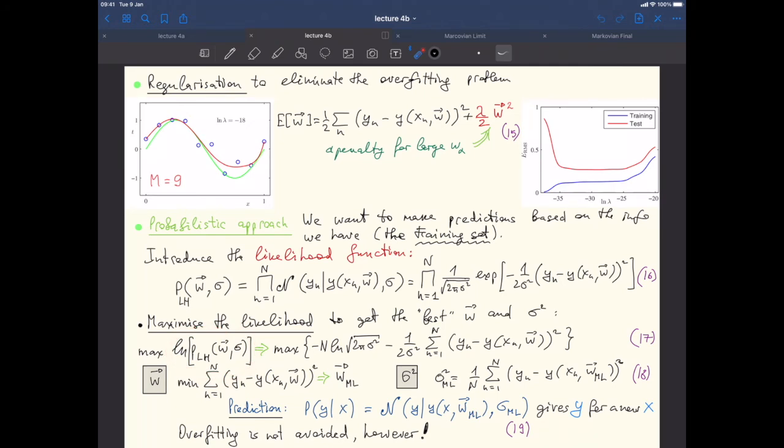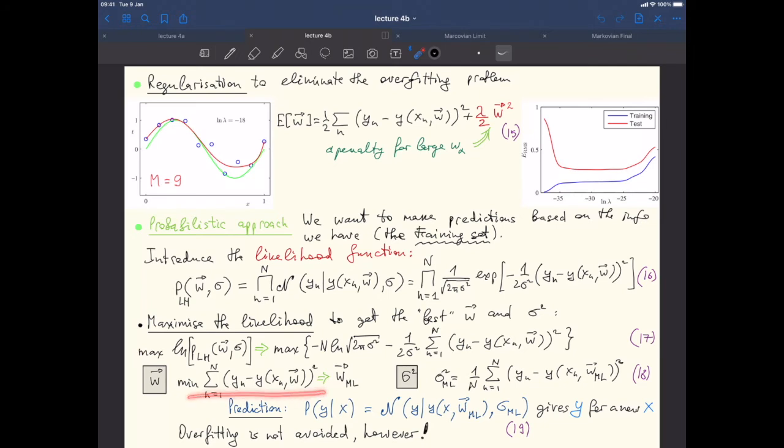And if you calculate the logarithm of that likelihood function, you will get this expression here. And because of the minus signs, the maximum value would be achieved if you minimize that expression with the plus signs. So this term does not depend on the w's. So maximizing this expression with respect to the w's would correspond to minimizing that expression, which is essentially the least square method.